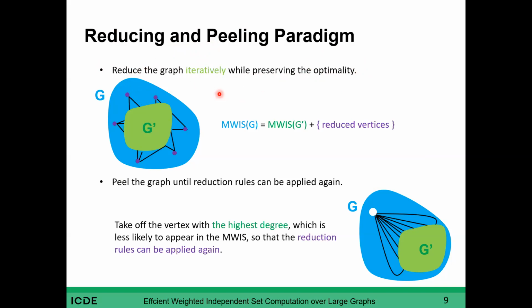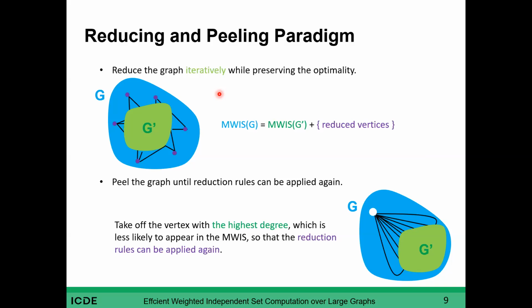The reduction serves a very important role in reducing the time cost by including or excluding the vertices. But rules come into effect under certain conditions.